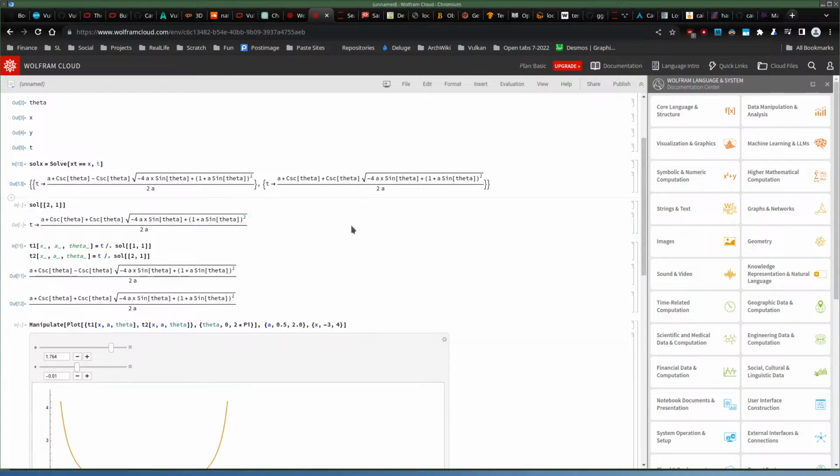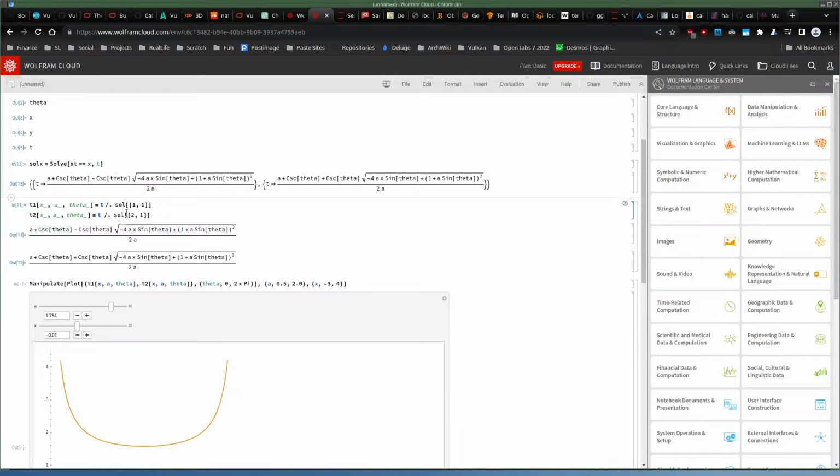Backspace. This can be removed. And this can be removed. I'm going to call this one TX1 and TX2, using the solution X and again the solution X. I forgot if I do shift enter or control enter. Shift enter again.